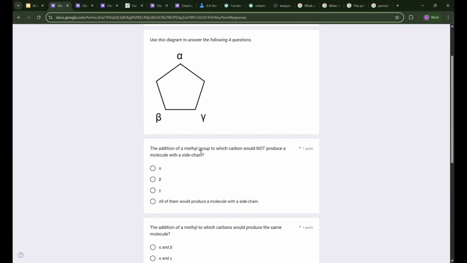The addition of a methyl group to which carbon would not produce a molecule with a side chain? I believe they would all. Because it's symmetrical right now, and then if you add one hanging off here or here... Yeah, this one I'm actually not too sure about because I'm kind of rusty with the international naming system.